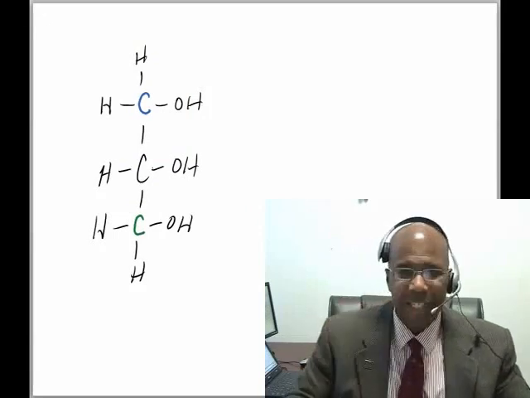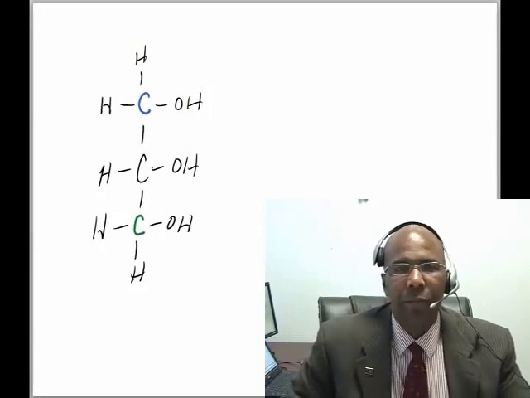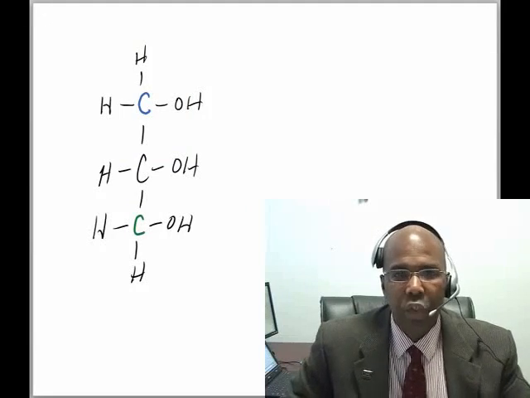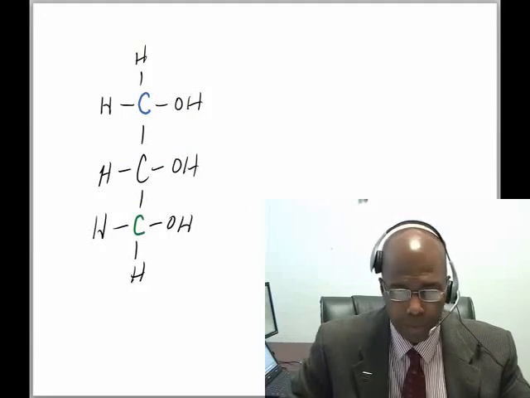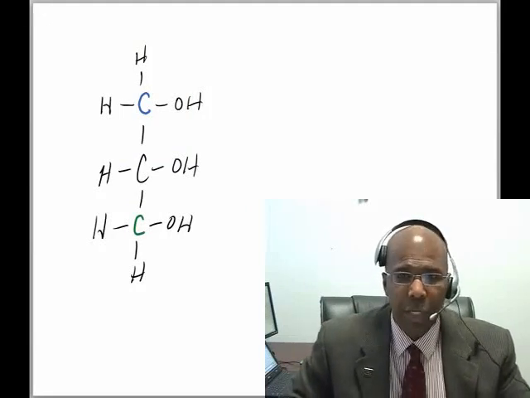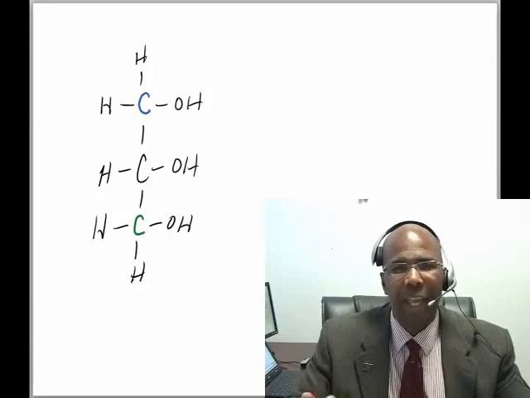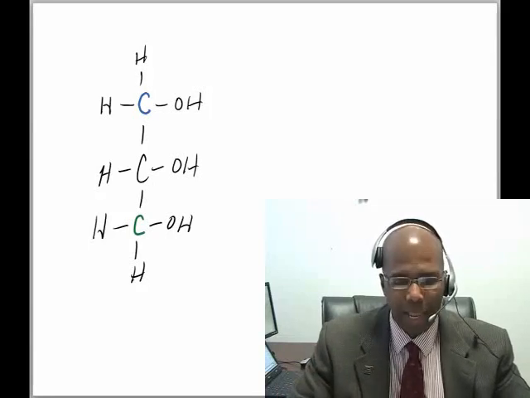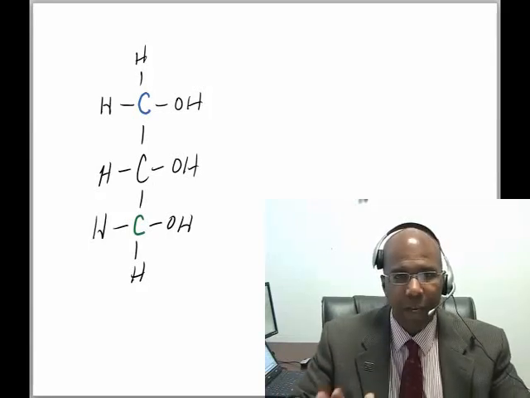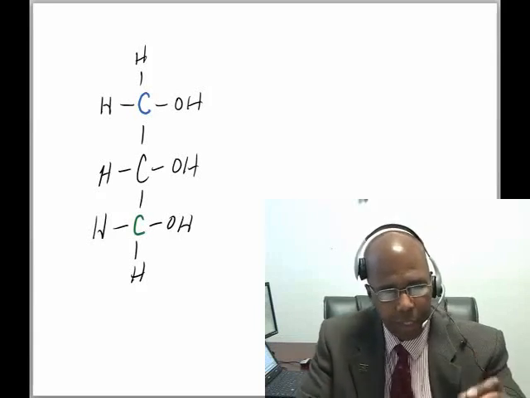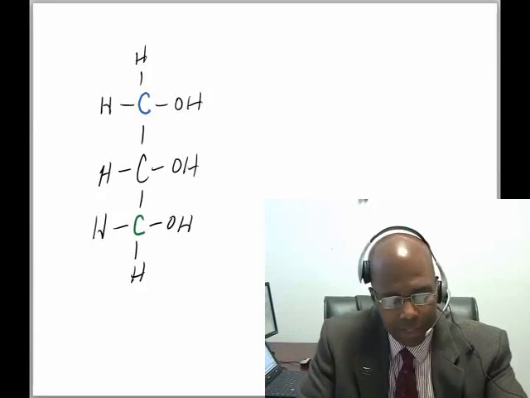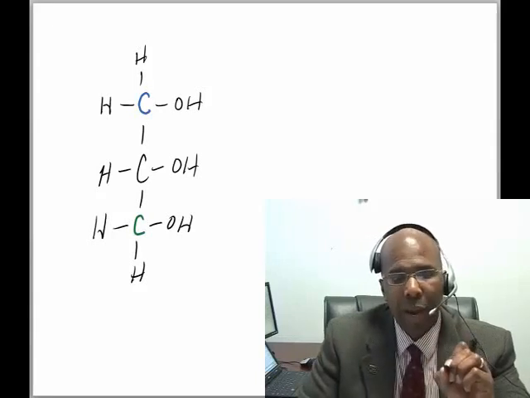Since glycerol is achiral, it would seem that the blue carbon and the green carbon are the same. But they are not the same. And the difference has to do with chirality. Imagine that we did something to the blue carbon and gave it a higher priority.